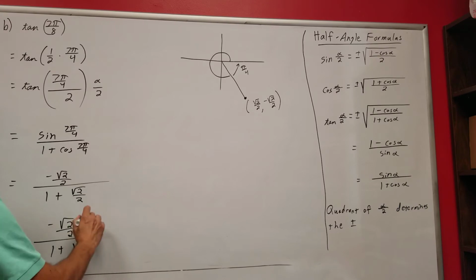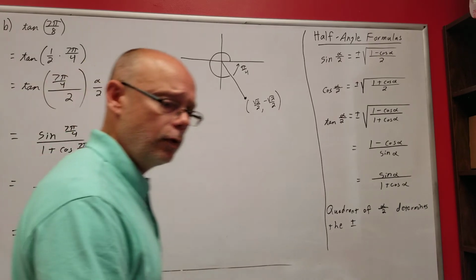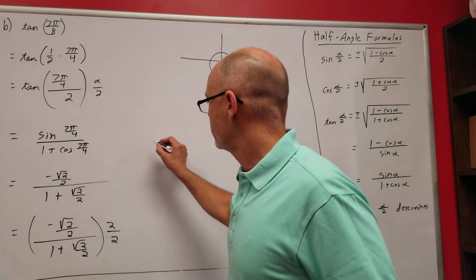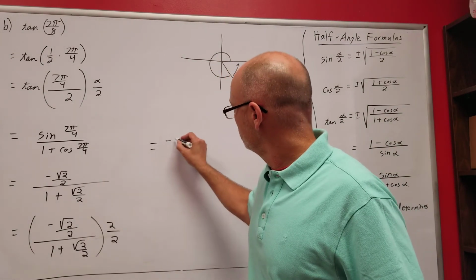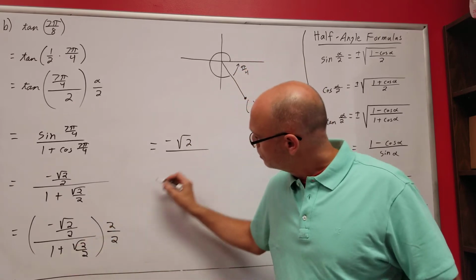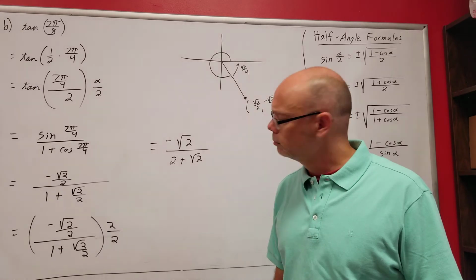If I multiply the top and the bottom by 2, that should get rid of my fractions. Let's see. I get negative square root of 2 is my numerator. My denominator, I get 2 plus square root of 2, right?